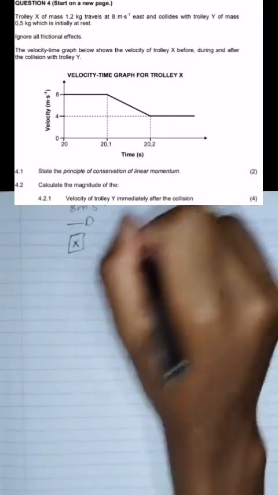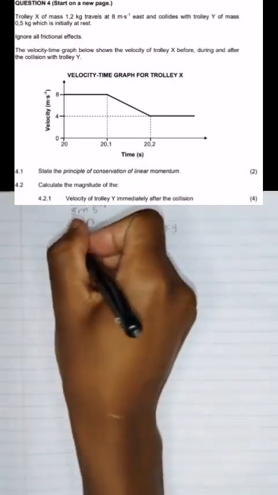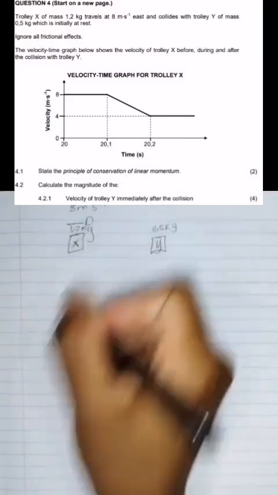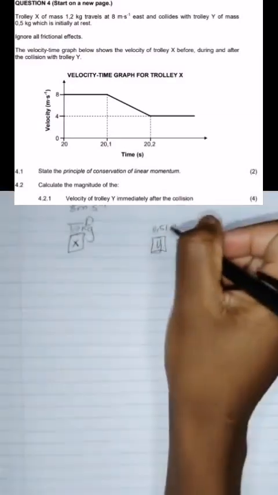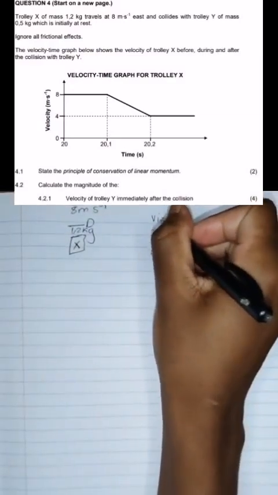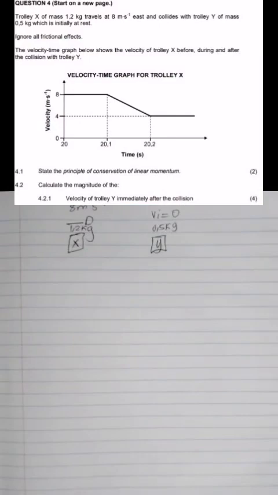Trolley X is 1.2 kilograms. Trolley Y is initially at rest, meaning its initial velocity is zero, it's not moving, right?